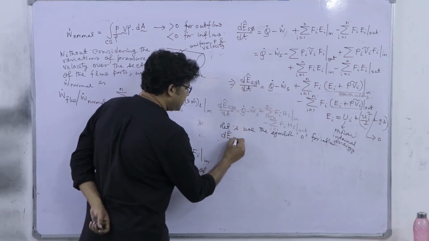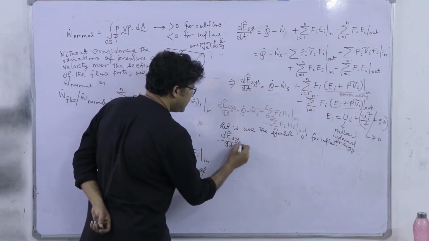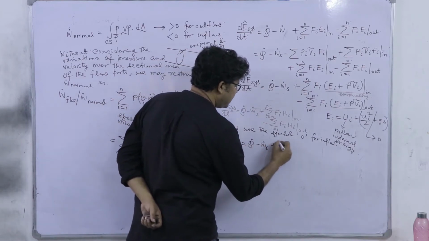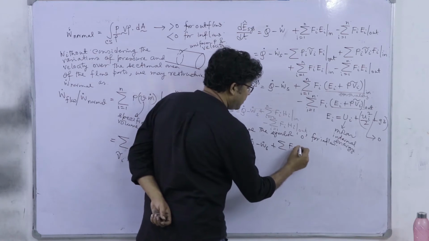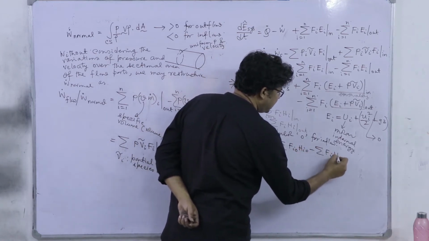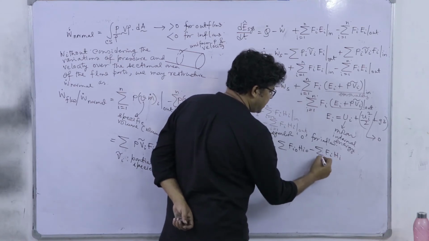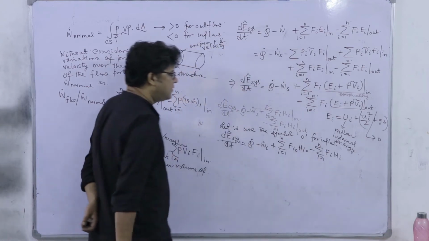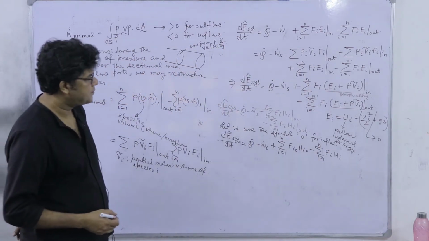So d system dt is equal to q dot minus w dot s plus Fi0 Hi0 minus Fi Hi. Right, this is the typical outflow, and the 0 associated symbol is the inflow.